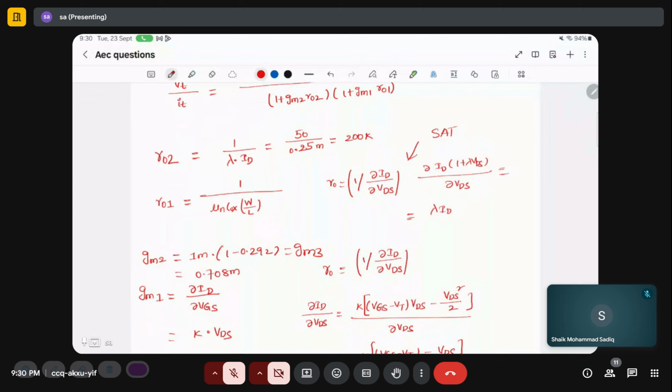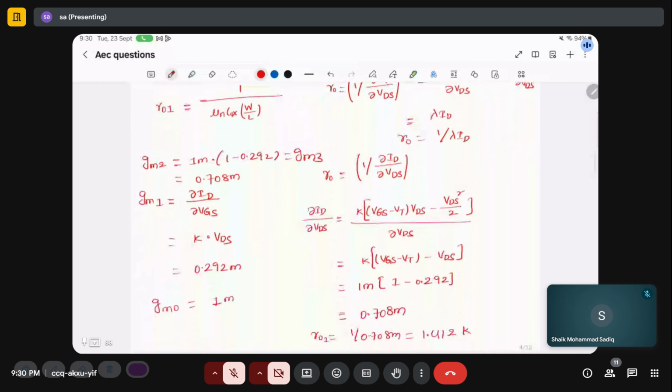This is dou ID by dou VDS. Dou ID by dou VDS is lambda ID, so 1 by dou ID by dou VDS is 1 by lambda ID.